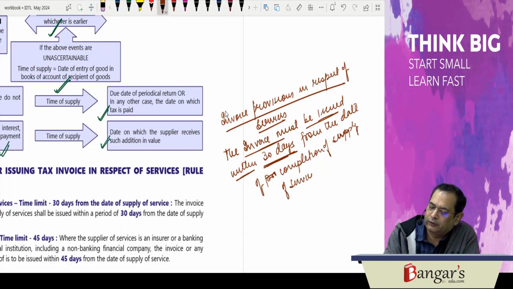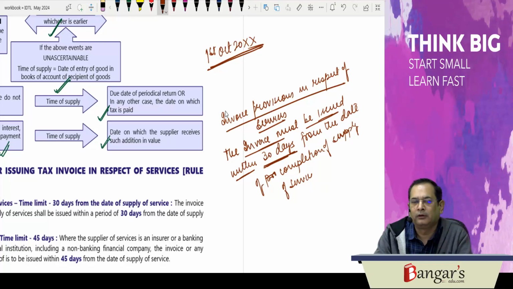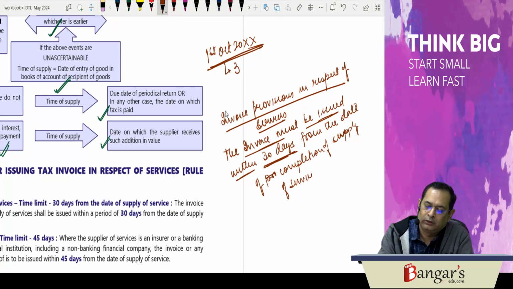So if the service supply gets completed on 1st of October, the latest time we are required to issue the invoice is on 31st of October.